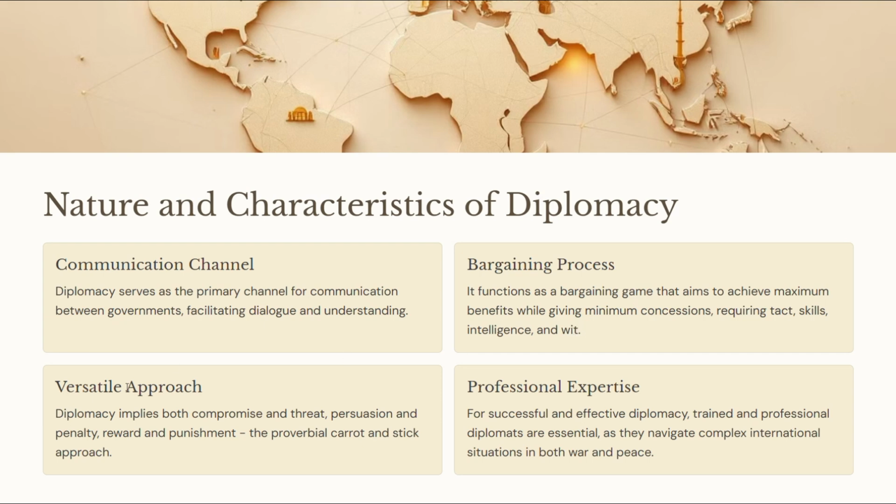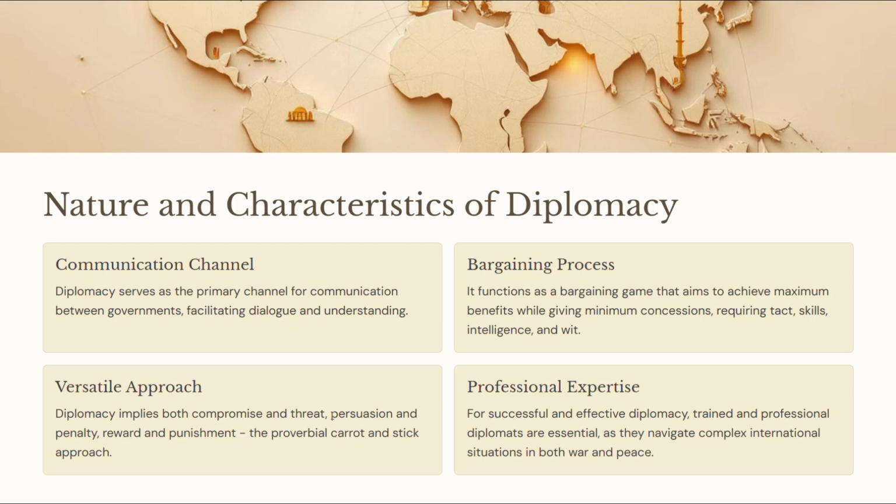It is a versatile approach. It involves various approaches, implies both compromise and threat, persuasion, penalty, reward, and risk. So these are different tools or instruments within diplomacy. Diplomacy can be conducted by threatening other states or other actors.